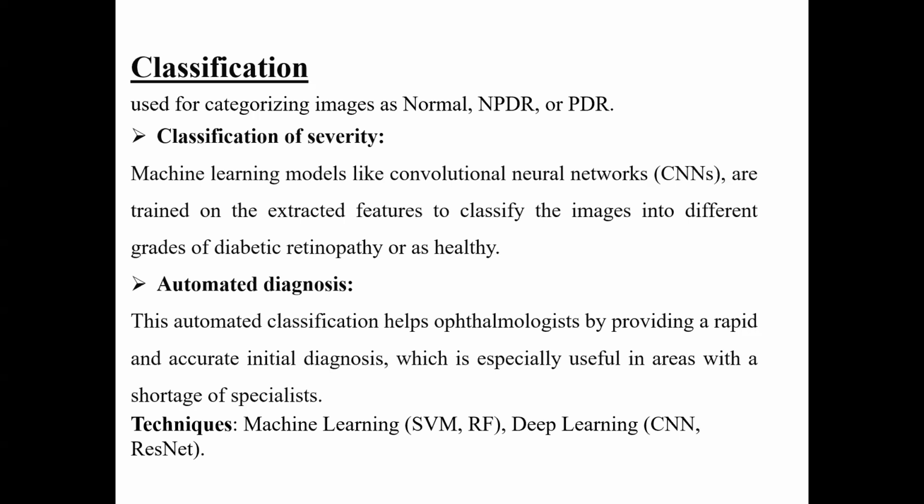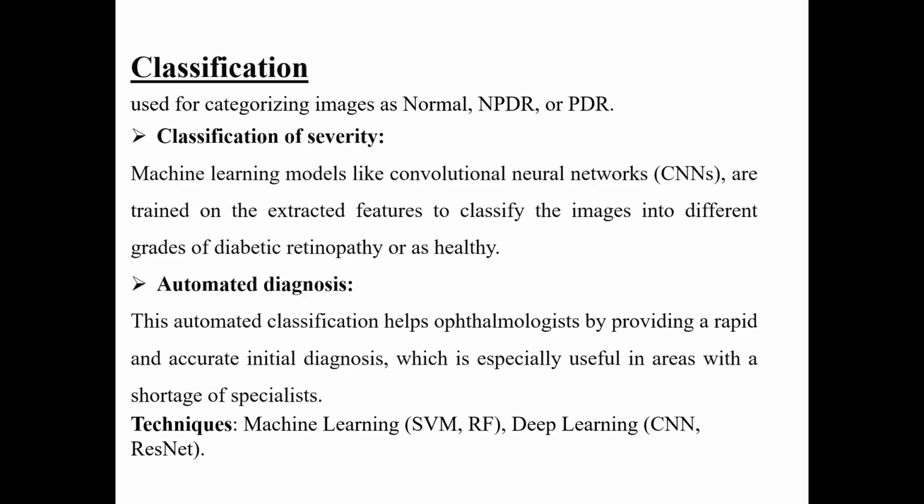When it comes to severity, they have used various machine learning models like CNN, where the ML model is trained on the extracted features to classify the images into various grades of diabetic retinopathy, or categorize them as healthy and non-healthy.